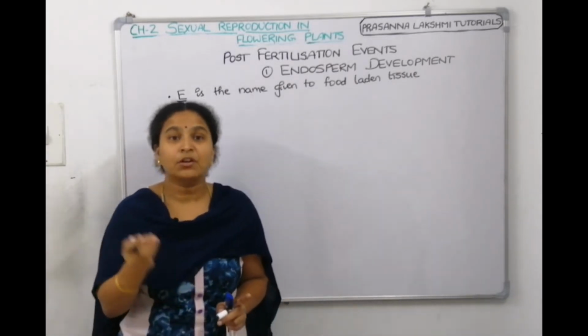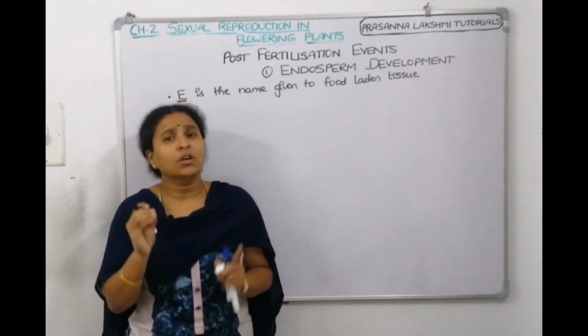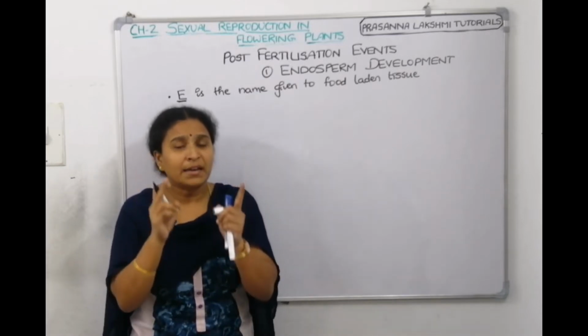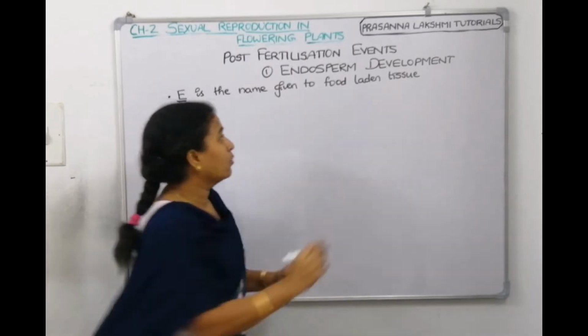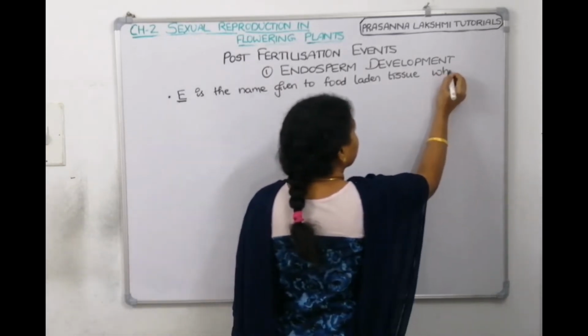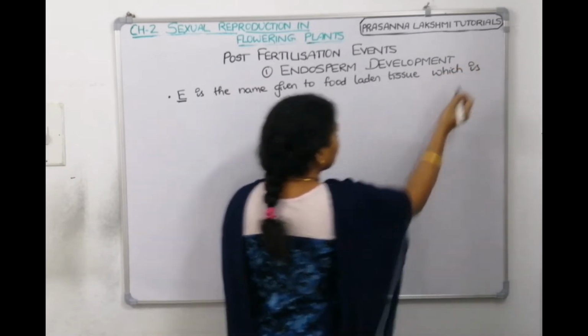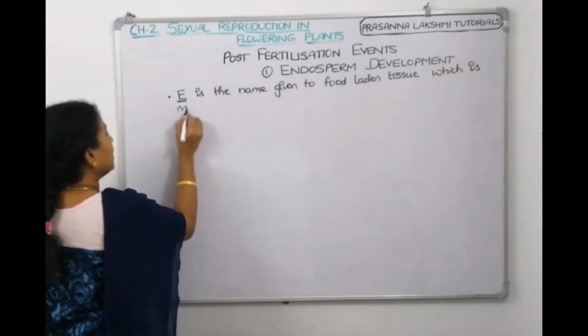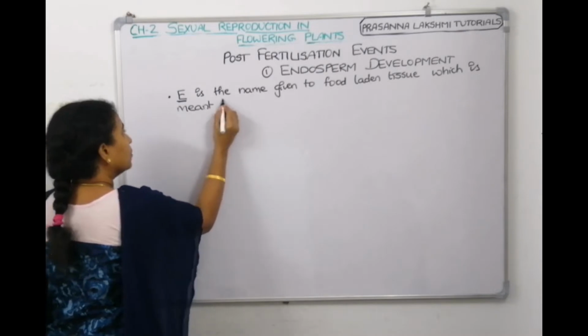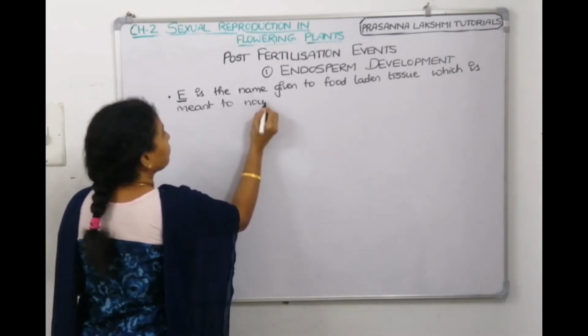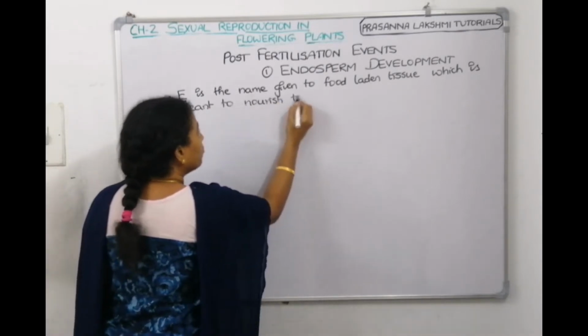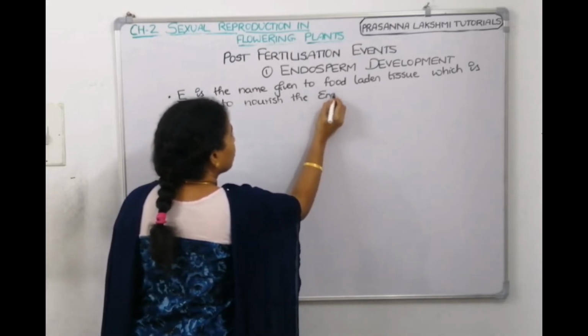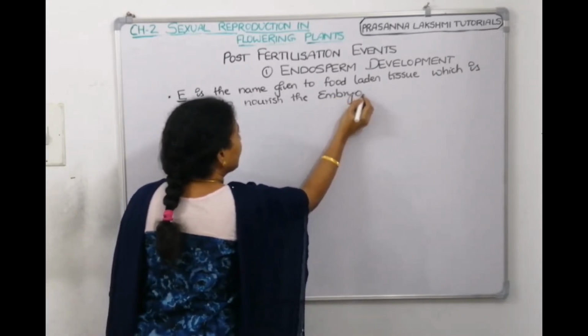It is a name given to the food laden tissue which is meant to provide nourishment to the embryo. What is its function? Its role is to nourish the embryo who is growing inside.